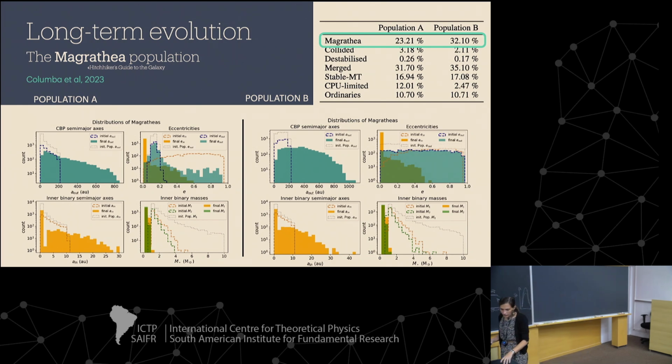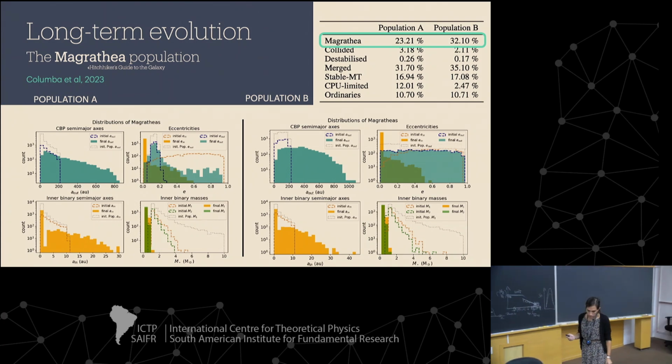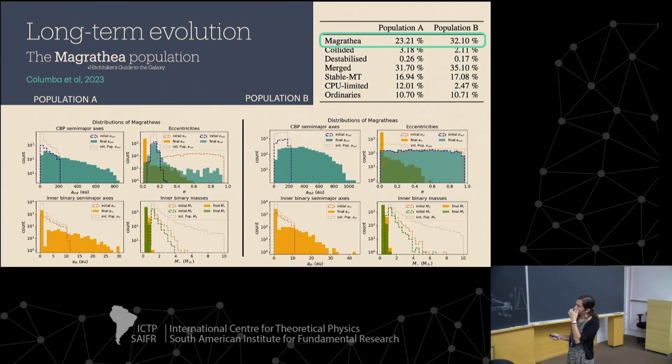So these are the posterior distributions of population A and population B. What I wanted to highlight here: you have the planetary separation, the eccentricity of both stars and planets, where planets are green and stars are yellow. This is the separation of the inner binary, and then the mass of star 1 and star 2.